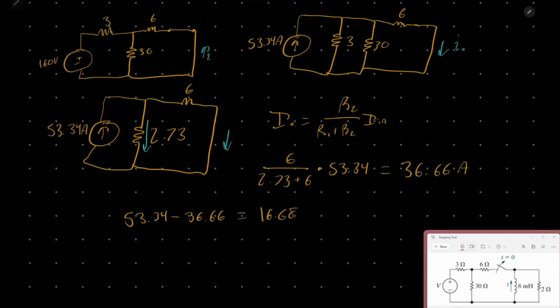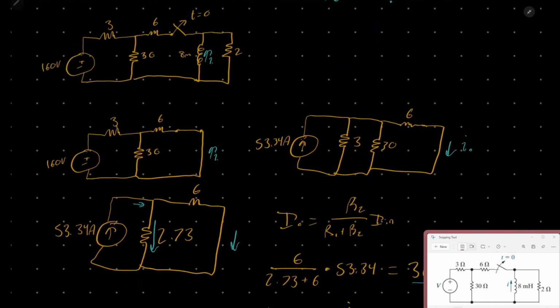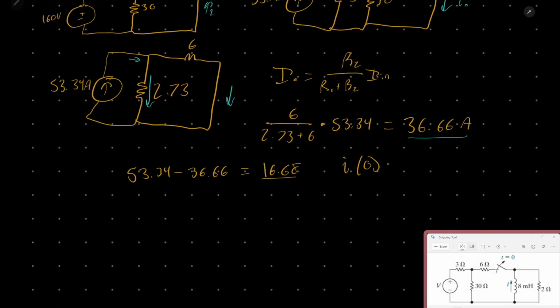This is because the current from the current source is going in this way, and the current that we calculated using our divider is going out. And remember, Kirchhoff's current law is current in equals current out, and that's where we got this equation right here. So our current at our inductor at 0 is equal to 16.68.